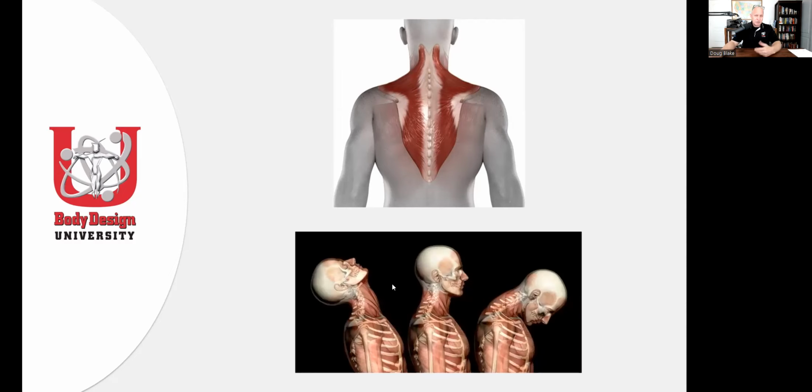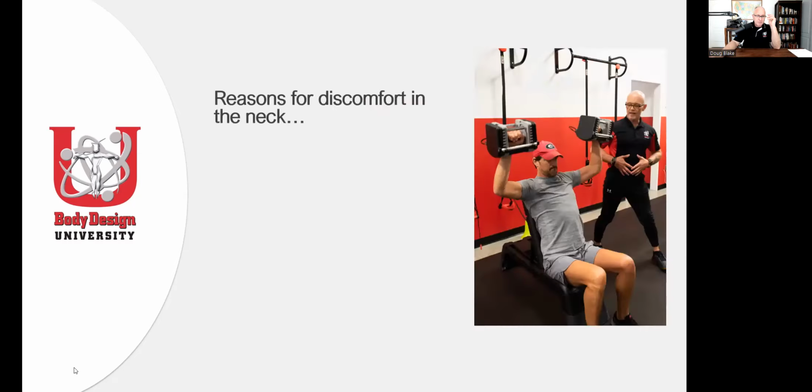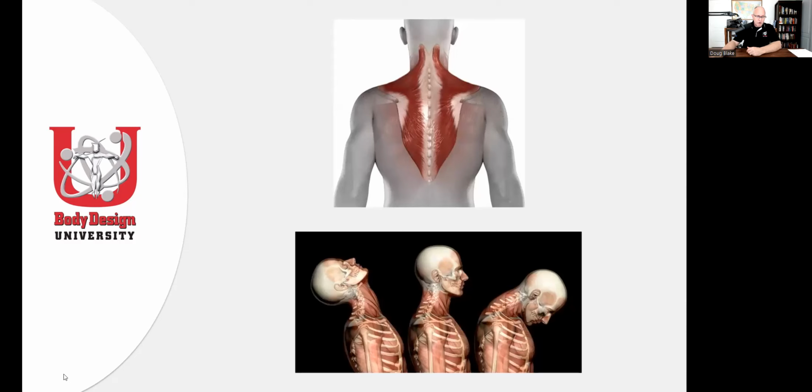Now, remember, over time, those muscles tighten up, particularly the trapezius, and then cause trigger points and other pain issues. Another common reason why we see pain or discomfort while people are exercising is because of the simple fact that they have poor posture. What I'm going to do is go ahead and draw for you, just give you a little idea what we're talking about here. Good posture right there.